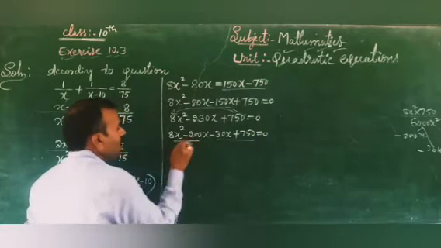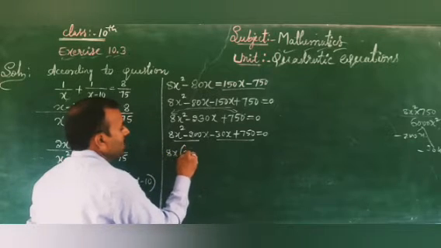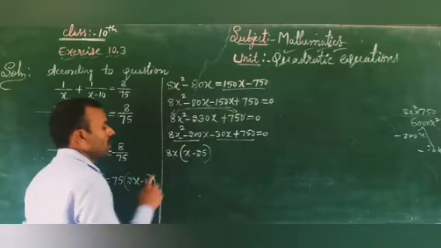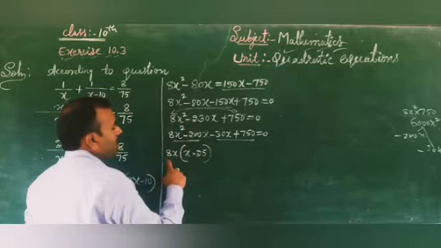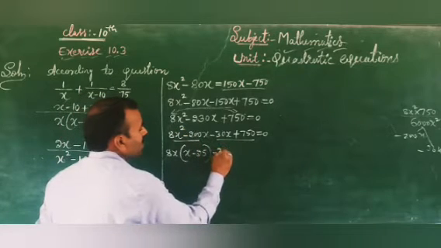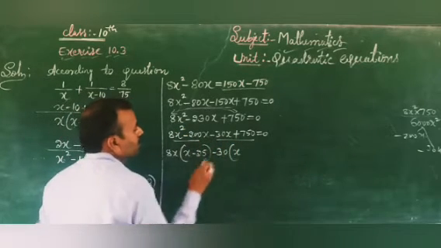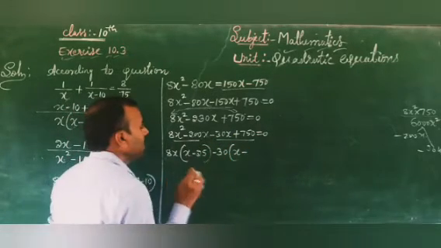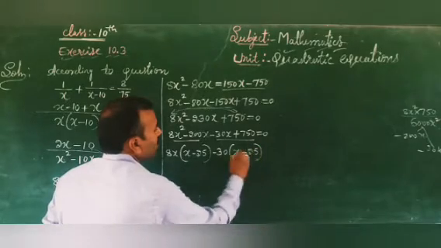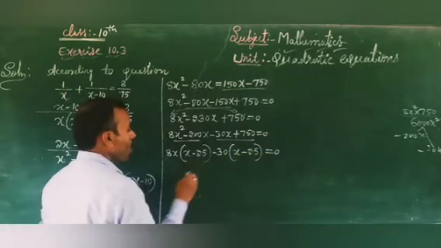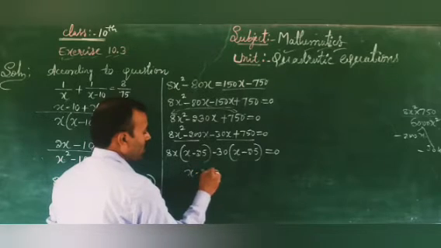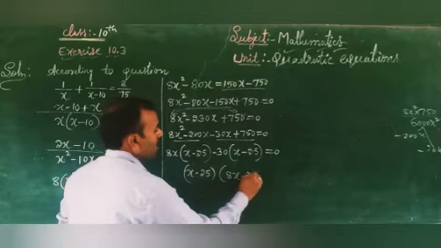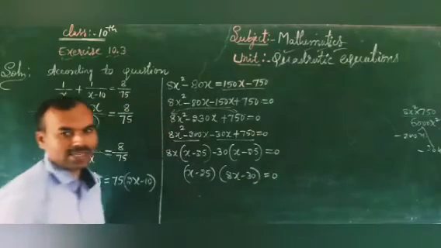Group the terms: take out common 8x, 8x into x minus 25, and from the next two terms common minus 30 into x minus 25. Then the common factor x minus 25 goes outside the bracket, giving x minus 25 into 8x minus 30 equals 0.